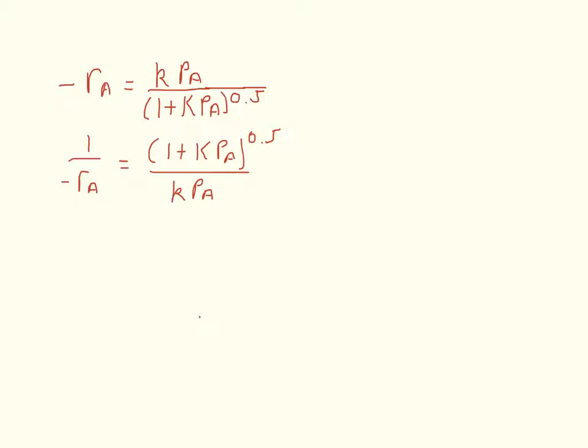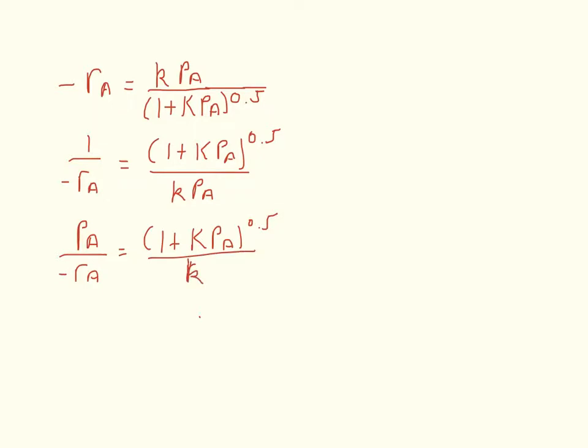Before I do that, and this is optional, I'm going to move the partial pressure from the denominator over to the numerator, just by multiplying through by the partial pressure. So we will have the partial pressure over the rate equal to 1 plus K PA to the 0.5 over k.